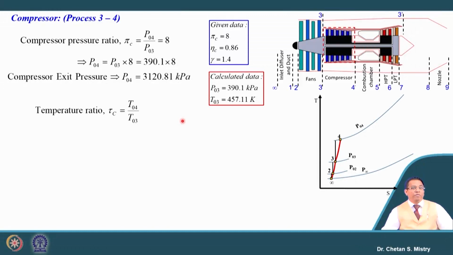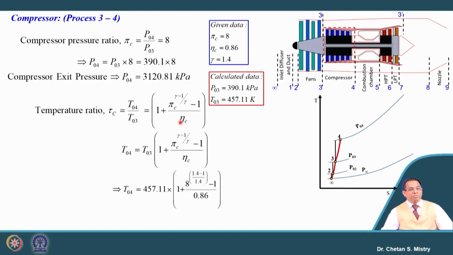In line with what we have done for the fan, we can write down our temperature ratio in the formulation of pressure ratio as well as the isentropic efficiency. If we put in these numbers, what we have in terms of T03, pressure ratio, efficiency, we will get our exit temperature to be 888.41 Kelvin. So, this will be the exit temperature from our compressor.